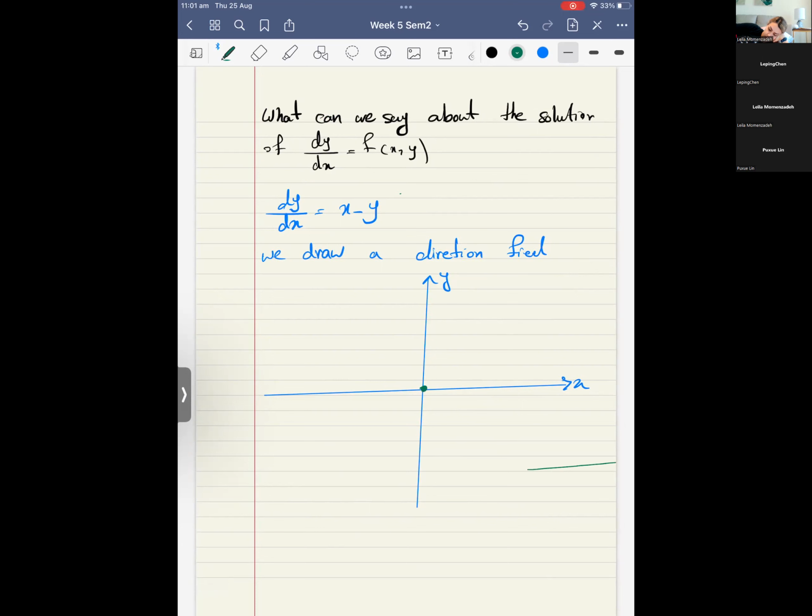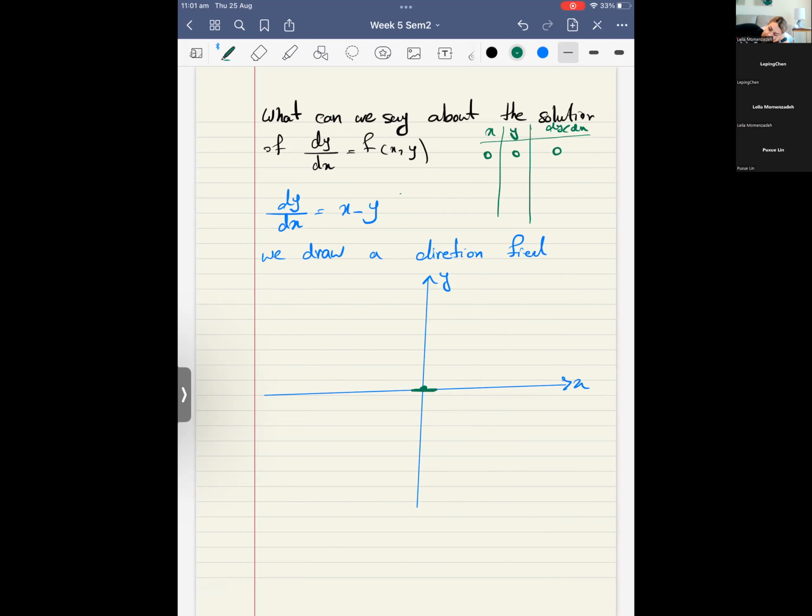Let me make a table here: x, y, and dy over dx, that's the slope. If I put x 0, y 0, the slope is 0.